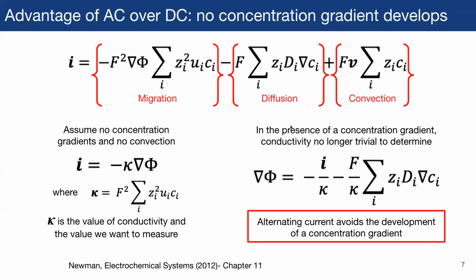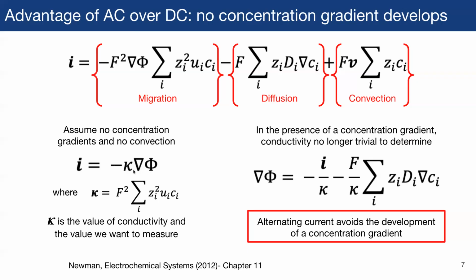If we consider that we have no convection in our system, and then we assume no concentration gradients, we can just use this migration term and our current term, and simplify this equation into just this K with the gradient of potential.